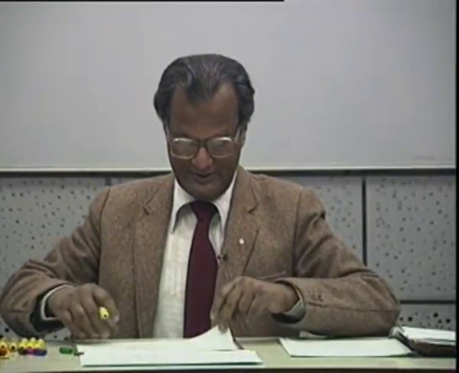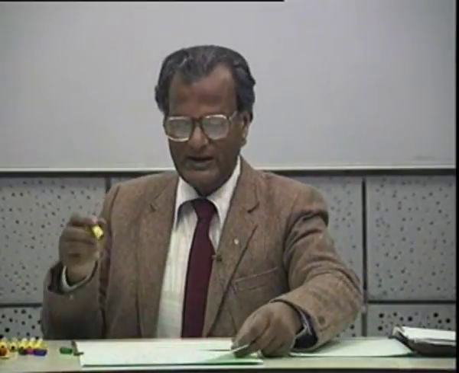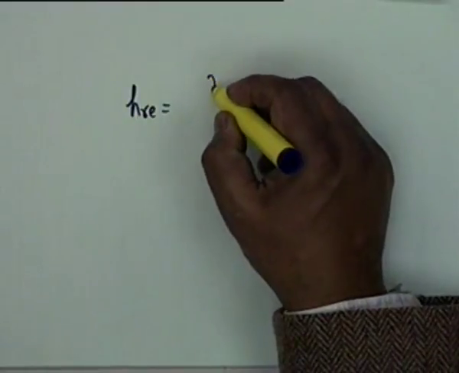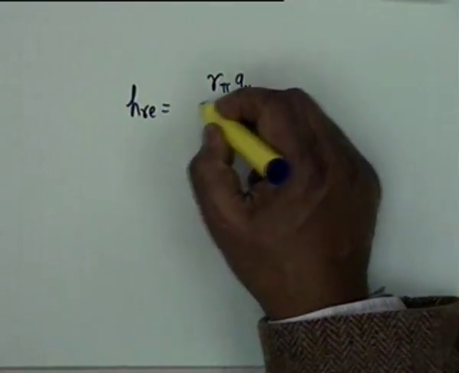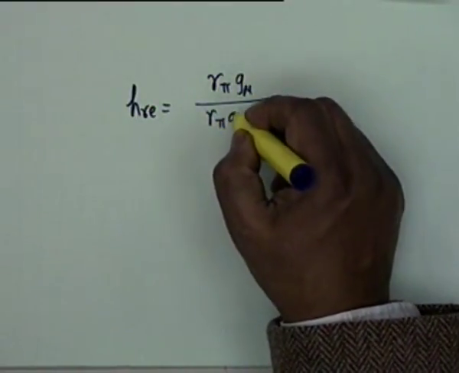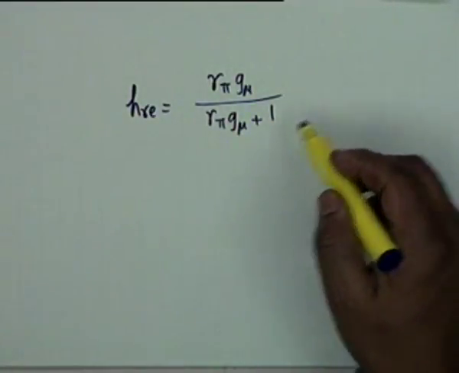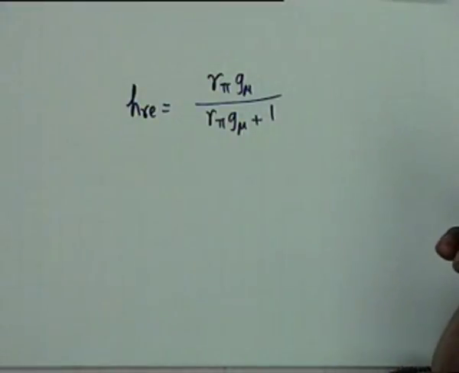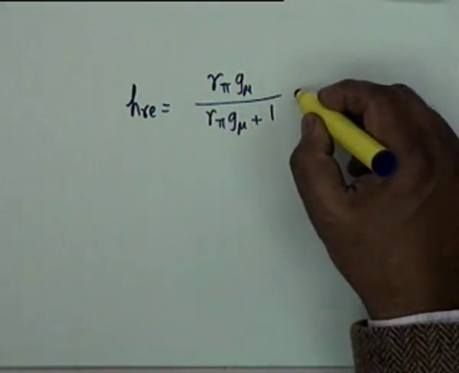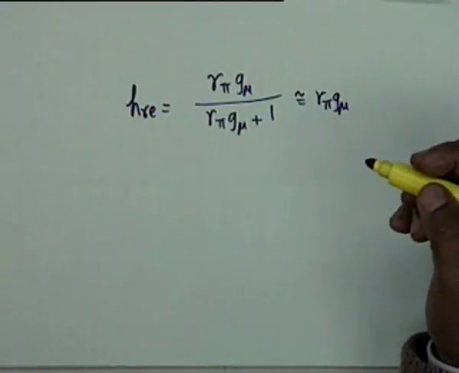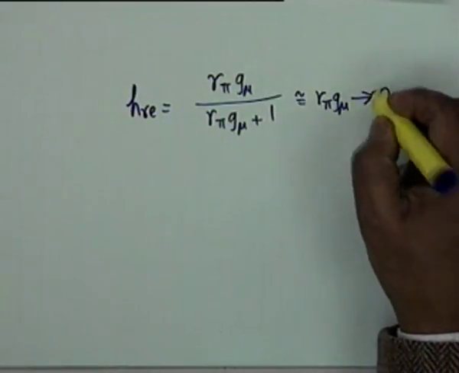In a similar manner you can show that HRE, the reverse voltage transfer coefficient, is given by r pi g mu divided by r pi g mu plus 1. This can be measured, and since r pi g mu is much less than unity, this is approximately equal to r pi g mu, and if this is much less than unity, this can be approximated to 0.